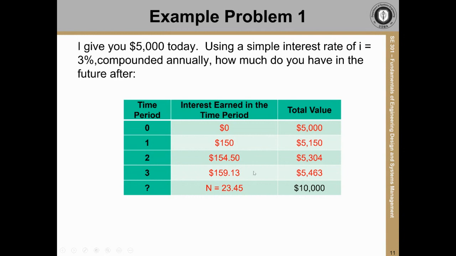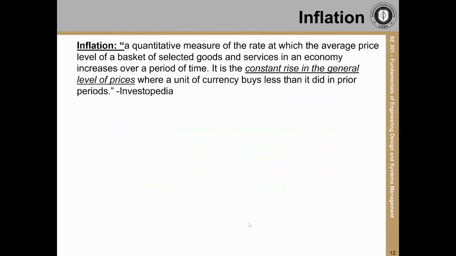This kind of compounds over time and keeps increasing as you go along. After 23 some odd years, you would have $10,000, so it would double. This shows the compounding aspect of it and the importance of investing early. So put money into your retirement accounts at a young age, to take advantage of these compounding effects.